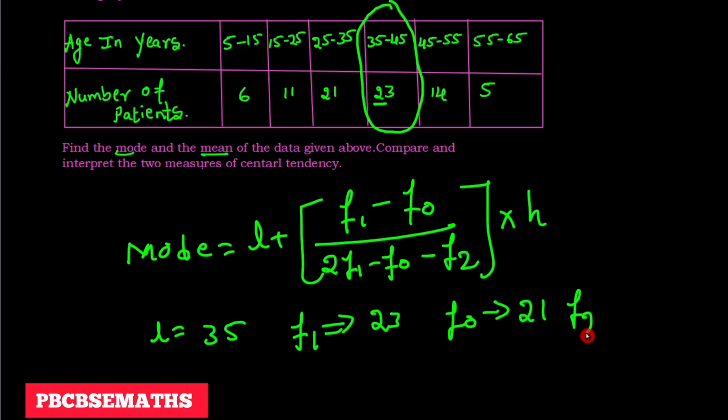Then f2 is the frequency next to the modal class, so f2 will be 14. Now we have the values of f0, f1, f2, and L. Then let's calculate h. h is equal to the class size, that is the difference of upper limit and lower limit. So that is 15 minus 5, which is equal to 10. Even 25 minus 15 is also equal to 10. So we got the values here.